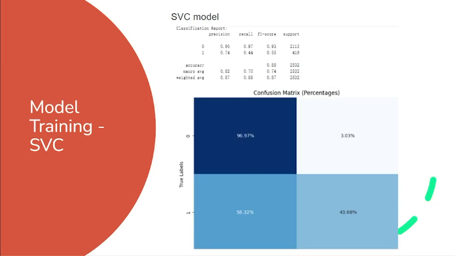For the classification report, the model performs well in predicting class 0, non-churn, with high precision, recall, and F1 score. However, for class 1, churn, the model shows low performance, especially in terms of recall and F1 score. This suggests that the model has difficulty correctly identifying class 1.